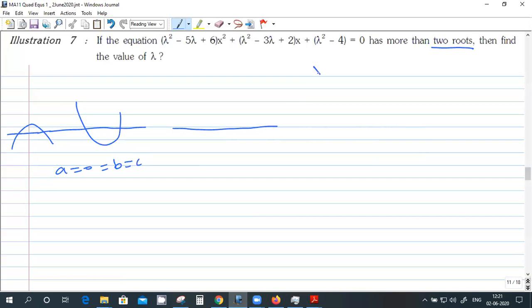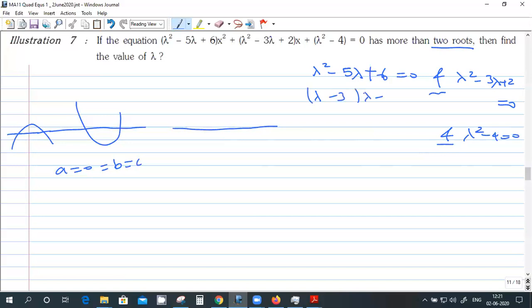So that means lambda square minus 5 lambda plus 6 equal to 0, and this is important because all should be satisfied. Lambda square minus 3 lambda plus 2 equal to 0, and lambda square minus 4 equal to 0. So the first one is (lambda minus 3)(lambda minus 2), right?